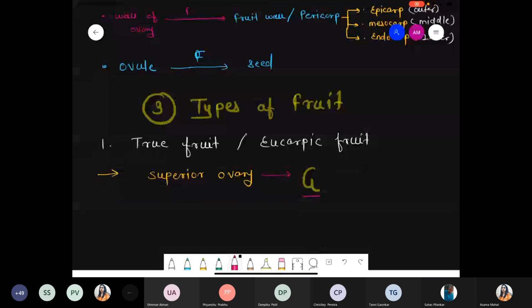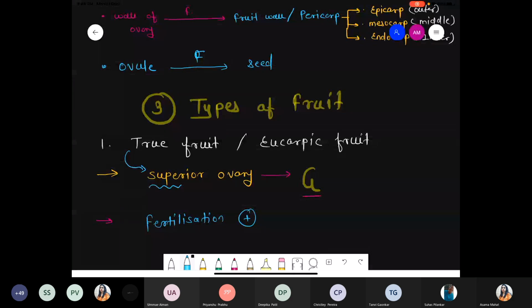Another one, obviously the true fruit forms after fertilization. So fertilization is present, because the superior ovary pattern is present, there is fruit wall and ovule, and the entire structure undergoes the fertilization process and now forms a typical fruit. So the true fruit's major reason is the superior ovary.